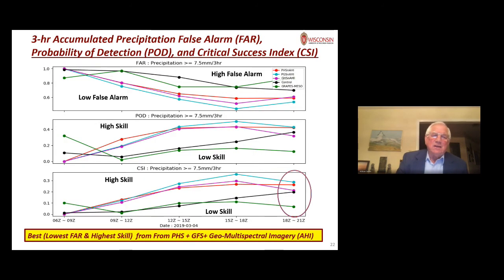And finally, we were able to quantitatively validate these forecasts. In this case, we're looking at 3-hour precipitation accumulation in a 27-hour forecast, which were conducted with China's operational forecast system, the GRAPES.